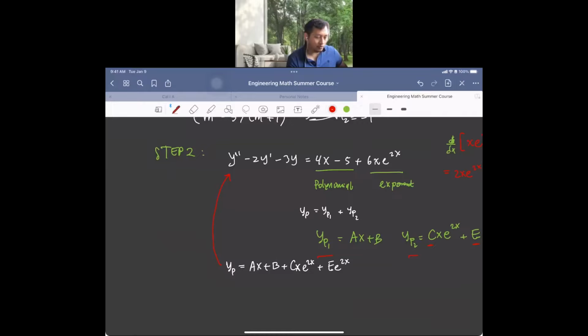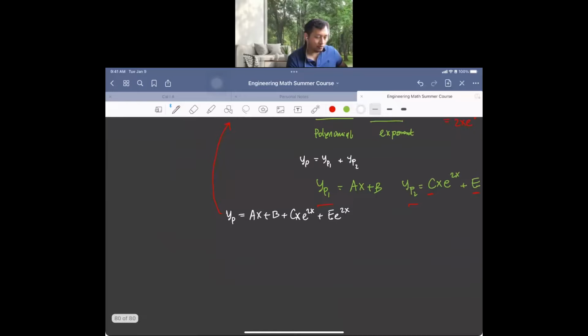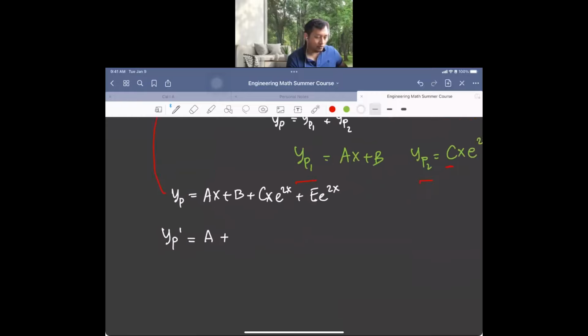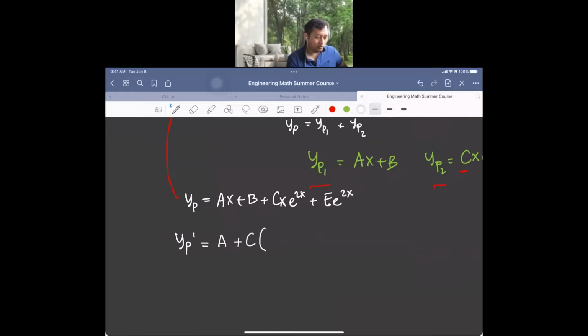So first yp prime. That is a plus c times 2x e to the 2x plus e to the 2x, plus e times 2.